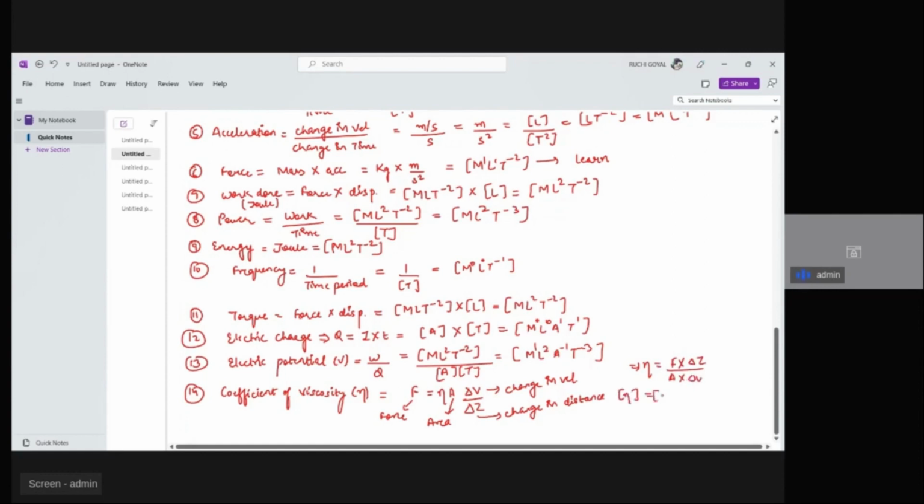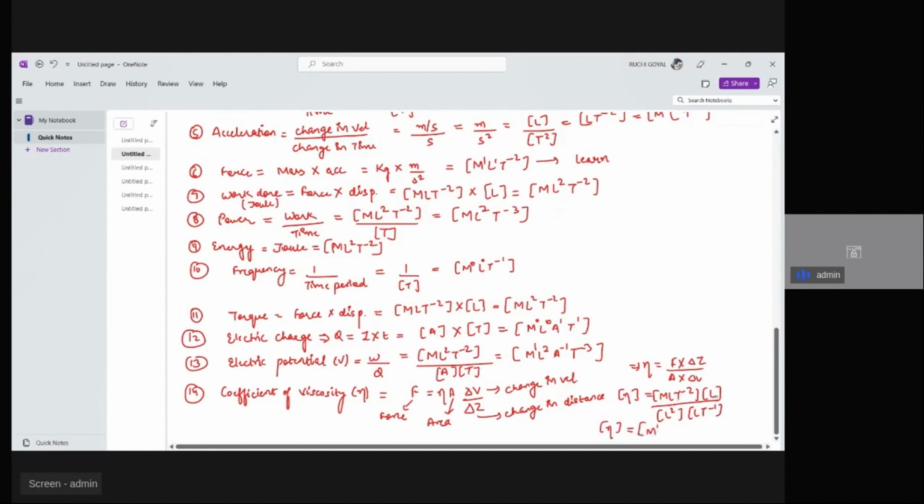What is the dimension formula of F? M L T minus 2, right? Delta Z is L, area is L square, and delta V is velocity, L T minus 1. So what is the dimension of eta? Finally, we can write M1.